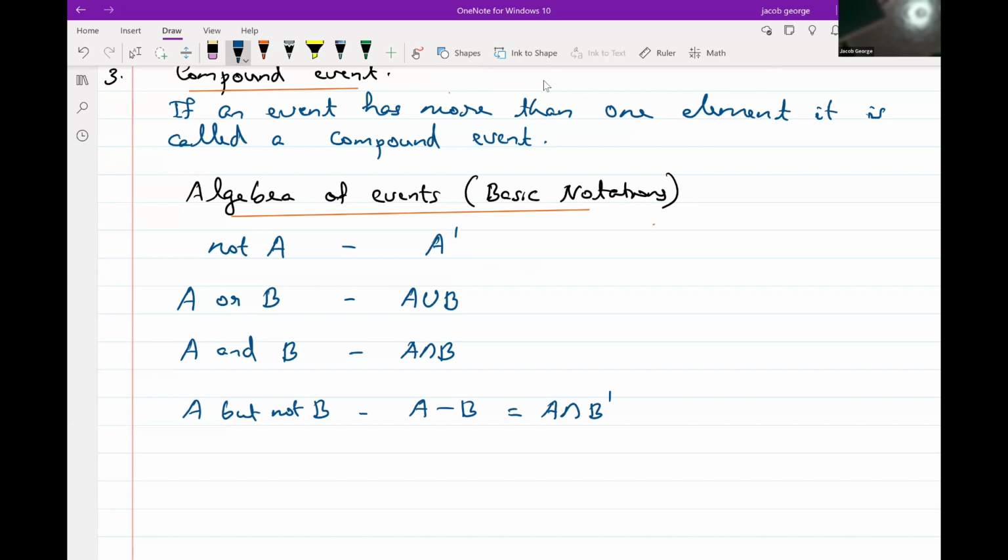So in sums, we will write it again like this: A minus, that means elements which are there in A and not in A intersection B. So this way you will calculate A but not B. That means probability of A minus probability of A intersection B will be enough to find P of A but not B, or A minus B.